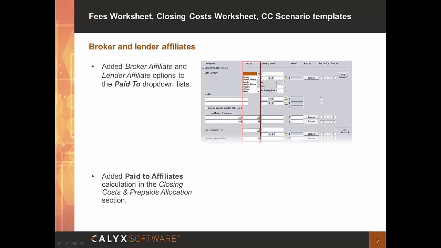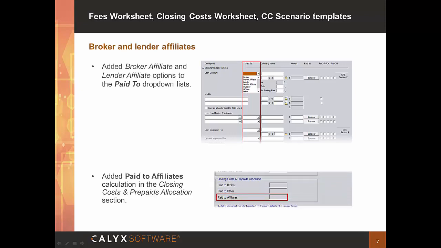What we also did was we added a paid to affiliates calculation in the closing costs and prepaid allocation section. So in other words, when you indicate the fees as a broker affiliate or lender affiliate, when you go over to the closing costs area, it has them all totaled under paid to affiliates.